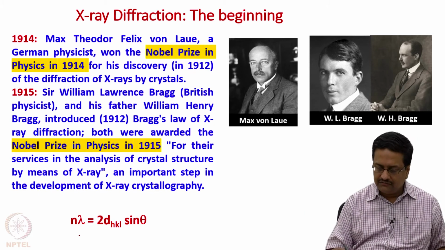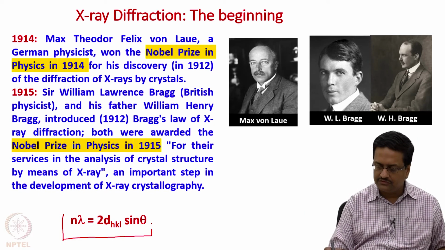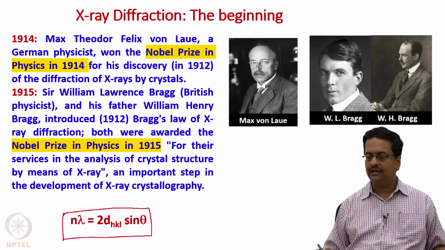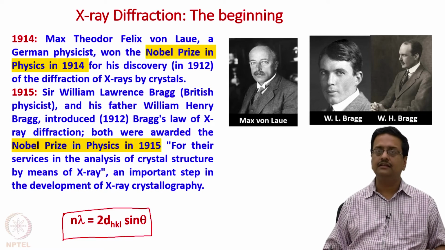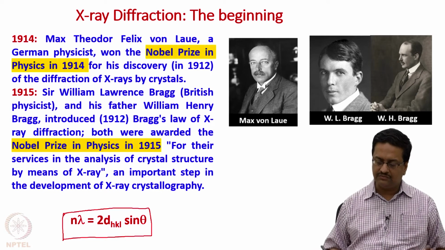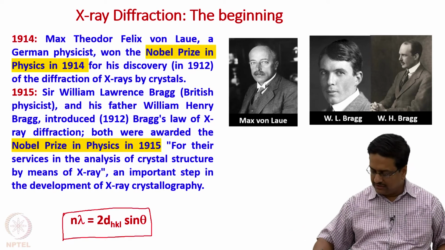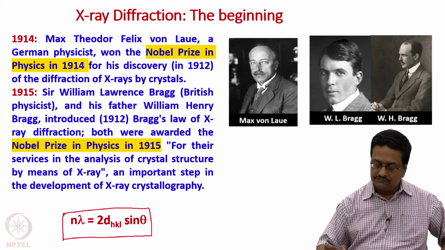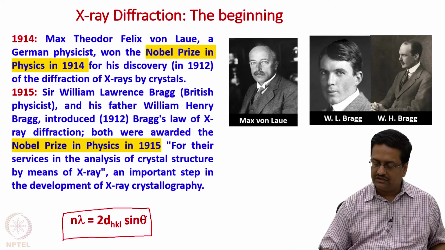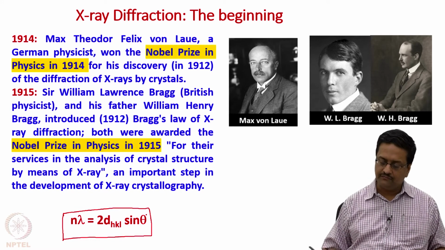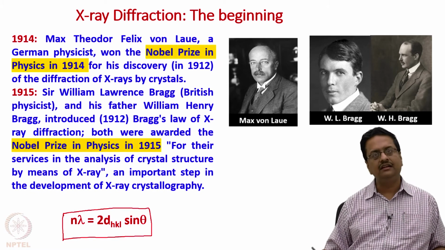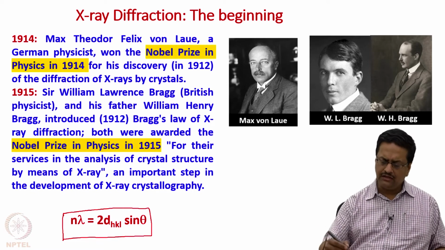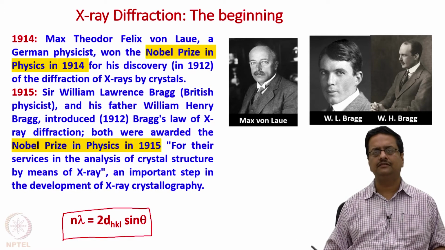And here is the very simple formula that they proposed, by seeing that X-ray diffraction patterns from crystalline materials are characteristic of the compound being analyzed. In this simple expression, which we will derive in a later class, theta is the angle of diffraction, d_hkl indicates the interplanar spacing in the material, and lambda is the wavelength of the experiment.